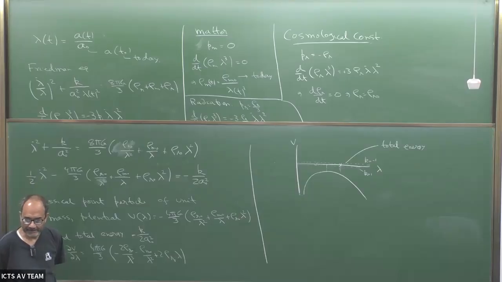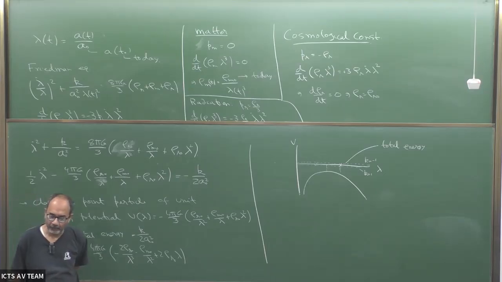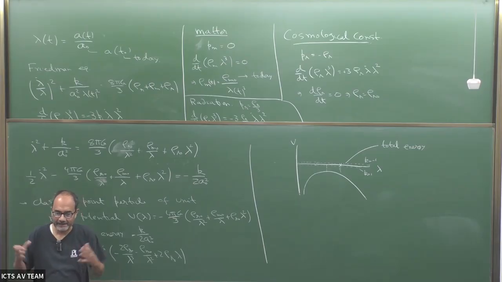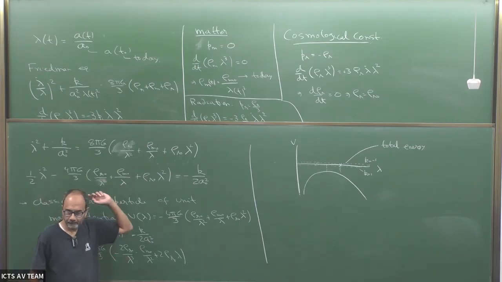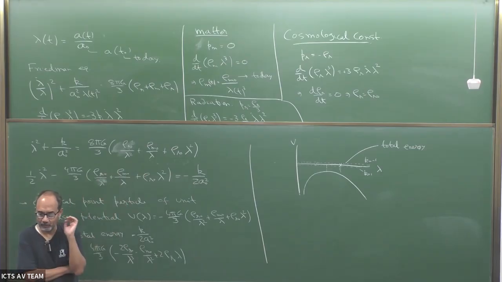Spatial geometry, yes, but that is not playing any sort of role. It just so happens that this A0 is so big that we cannot distinguish between any of them. But what is more important is we cannot distinguish today, and you also cannot distinguish in the future or the past, because one or the other term will always remain much larger than K over A0 square.